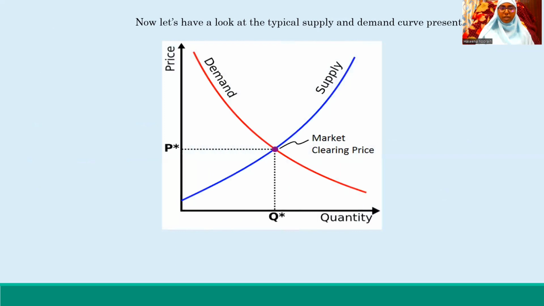Now, let us have a look at the demand and supply curve. As we can see in the chart, demand and supply are in equilibrium, matching each other. The price and quantity are at the center point where demand and supply match, creating the market clearing price.